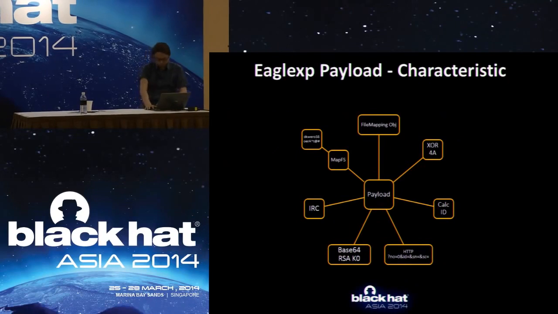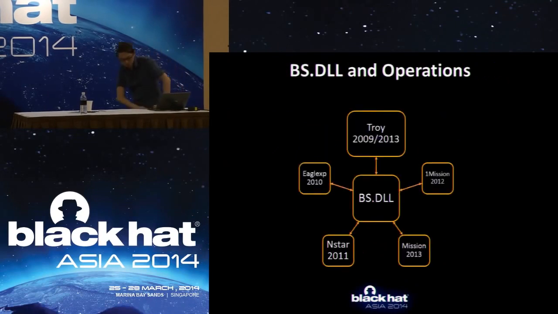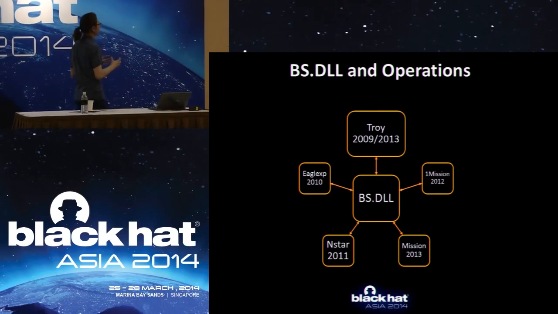So here, the Detroit case actually did not happen in 2013. The prototype is actually from 2009, the core payload. And it connected all the operations: Eaglexp 2010, and Nstar 2011.